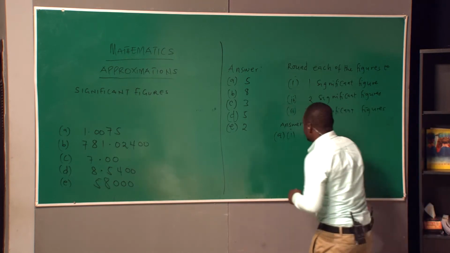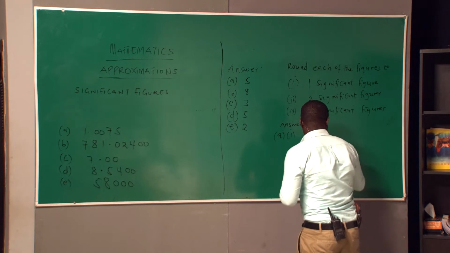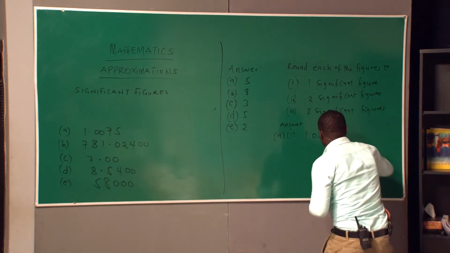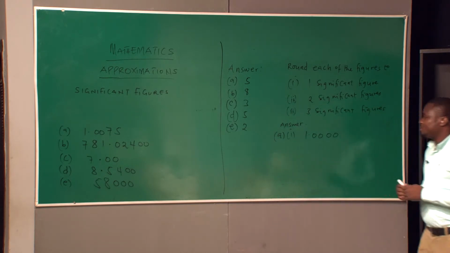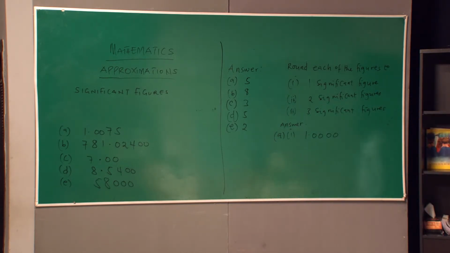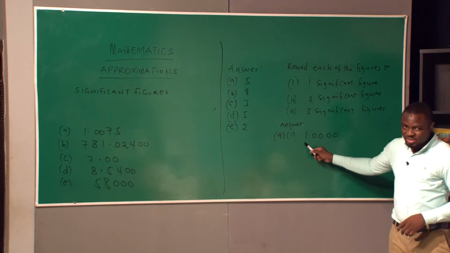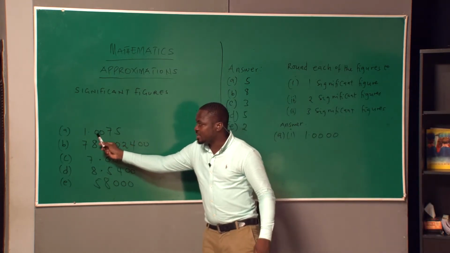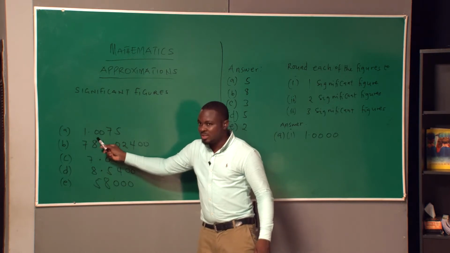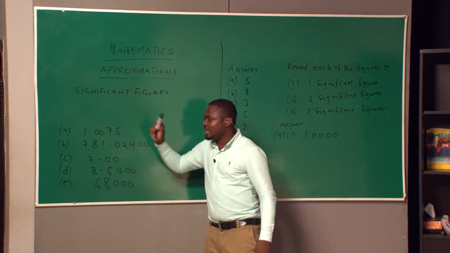So it will become 1.000. After the 0, there's nothing here for you to add to 1. So this is 0, this is 0, the other one will become what? 0, then the next one will become 0.